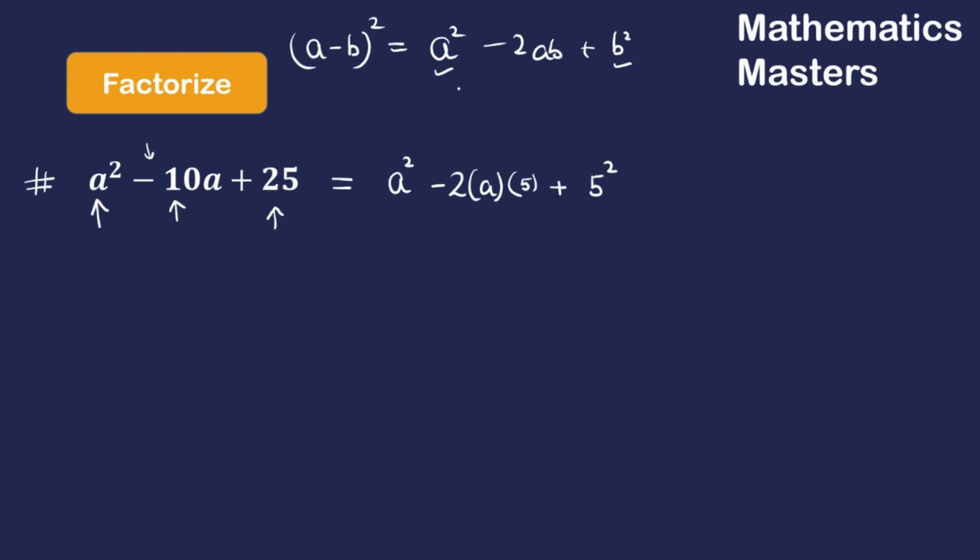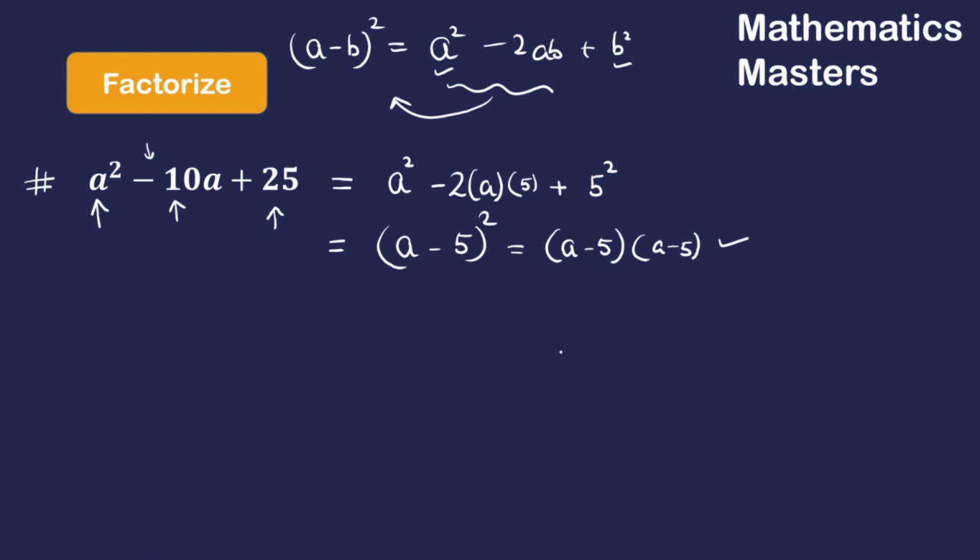So we can apply this identity backwards over here, which results in (a minus 5) the whole square, which basically means (a minus 5) into (a minus 5). So we were able to factorize the given expression into the product of two expressions. Let's move to the second question.